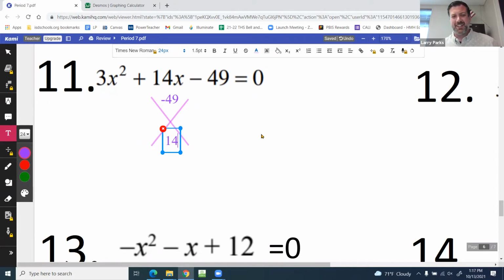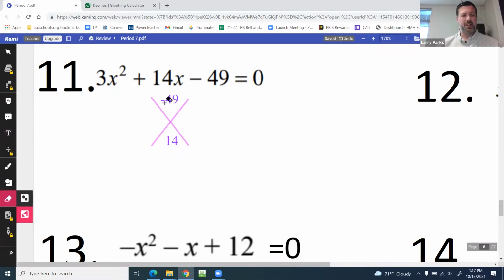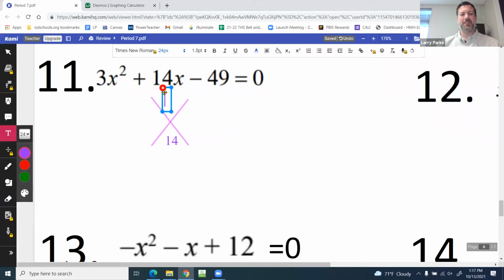Oh, that's easy. Well, I thought it was easy. It's negative 49. Oh, oops. The 3 right there makes it a little bit different. I have to take 3 times negative 49. That's negative 147.